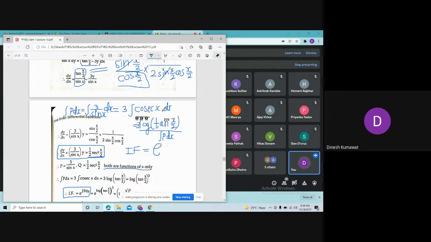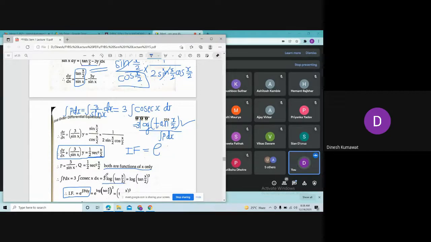Just multiply and divide by cosec x plus cot x, or you can say cosec x minus cot x. And check, the derivative of the denominator is found in the numerator, then you will be able to apply it. So I am leaving this for your homework. Try to conclude that integration of cosec x is nothing but log of tan x by 2.